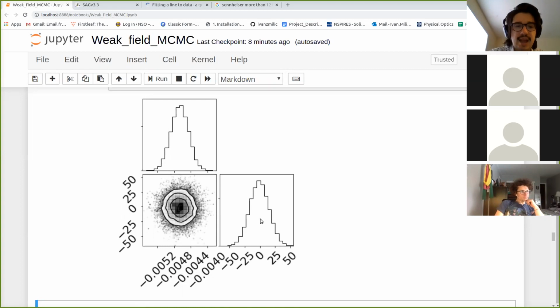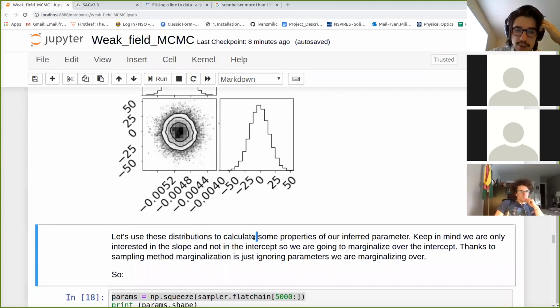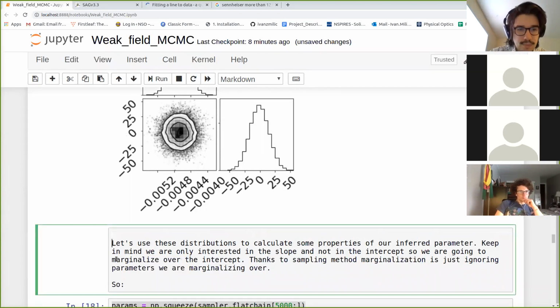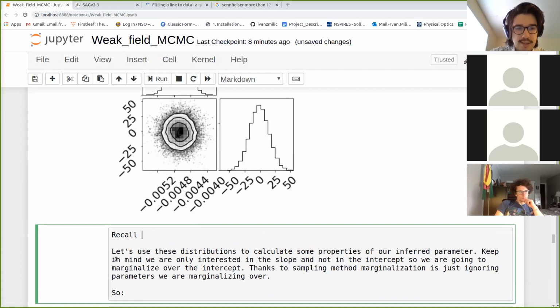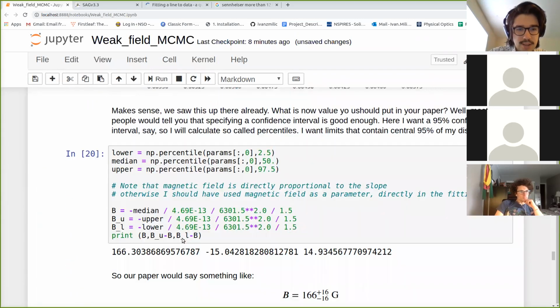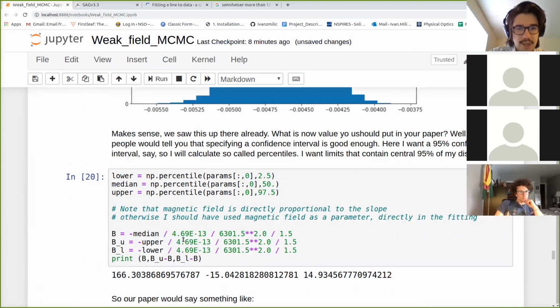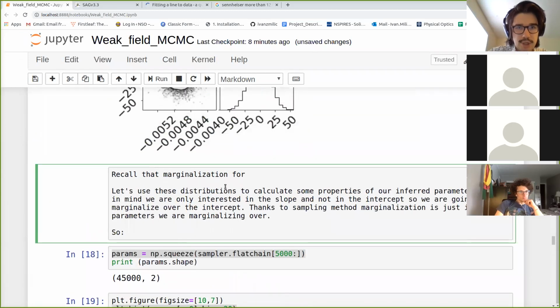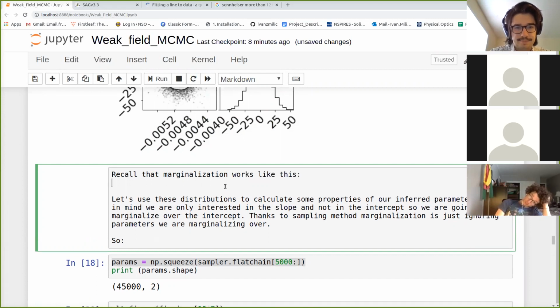So let's add a comment here. Recall that marginalization works like this.